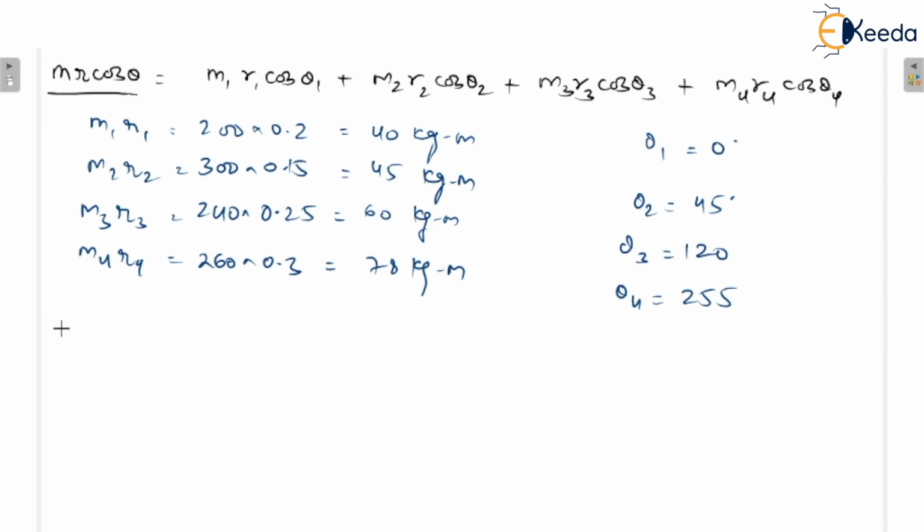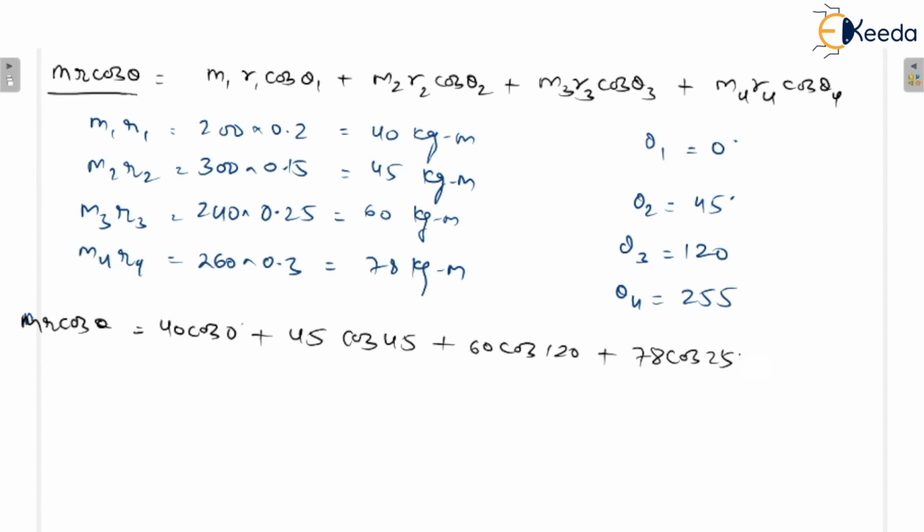So M1R1 means if you use this equation, MR cos theta would become 40 cos of 0 degree plus 45 cos of 45, plus 60 cos of 120 plus 78 cos of 255.